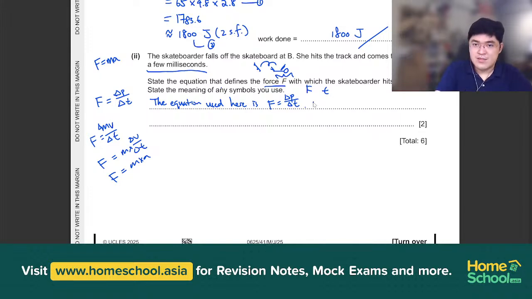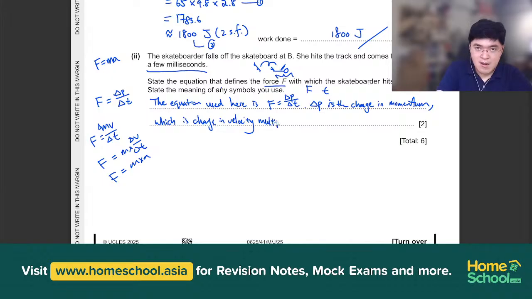Delta P is the change in momentum, which is the change in velocity multiplied by the mass of the object, which is the skater. And delta t is the change in time.